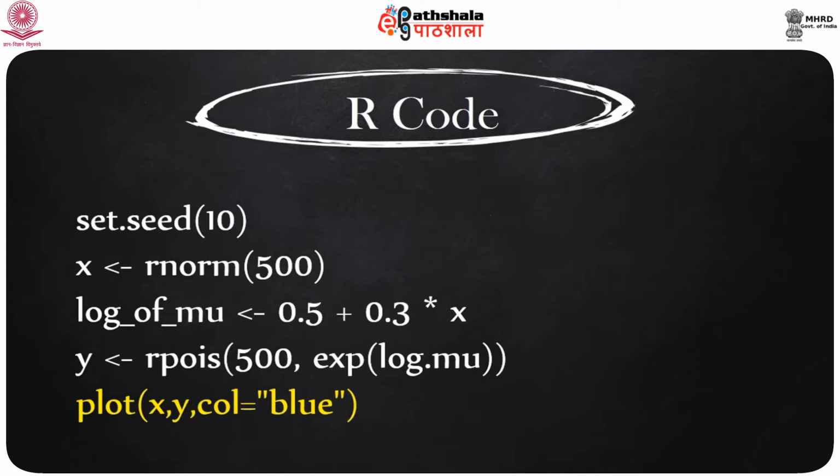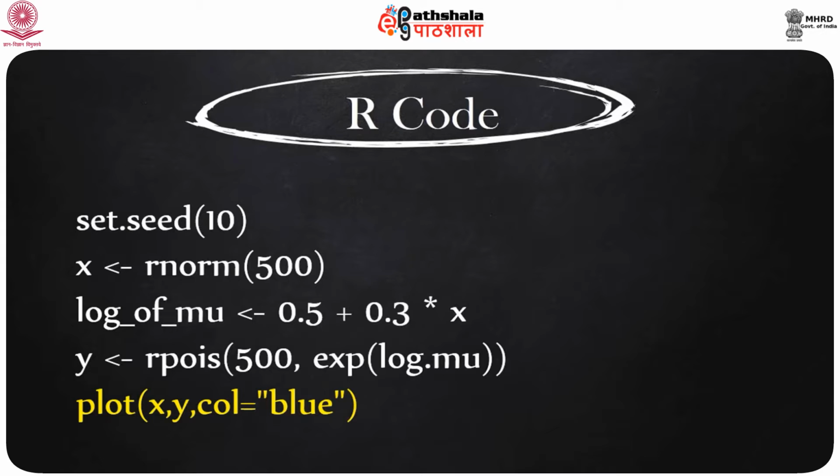We can call it log of mu. Now as we know, the mean of the Poisson distribution is e to the power 0.5 plus 0.3 into x, that is, e to the power log of mu.